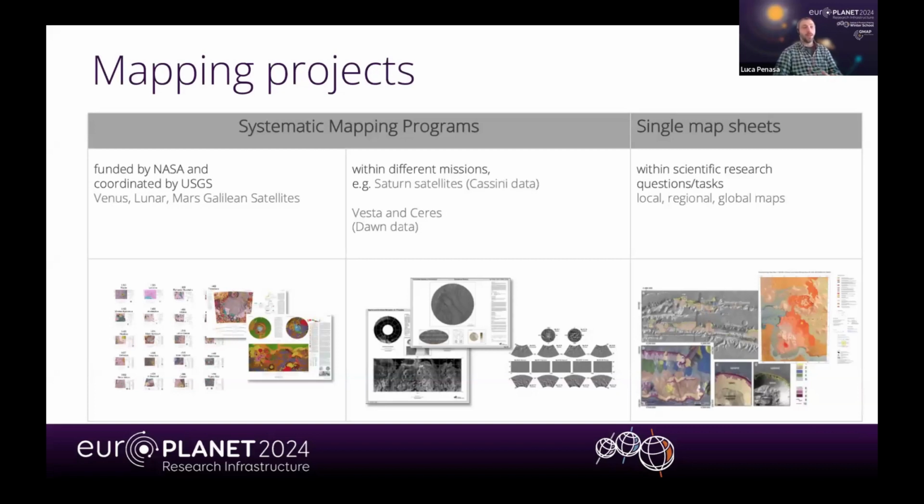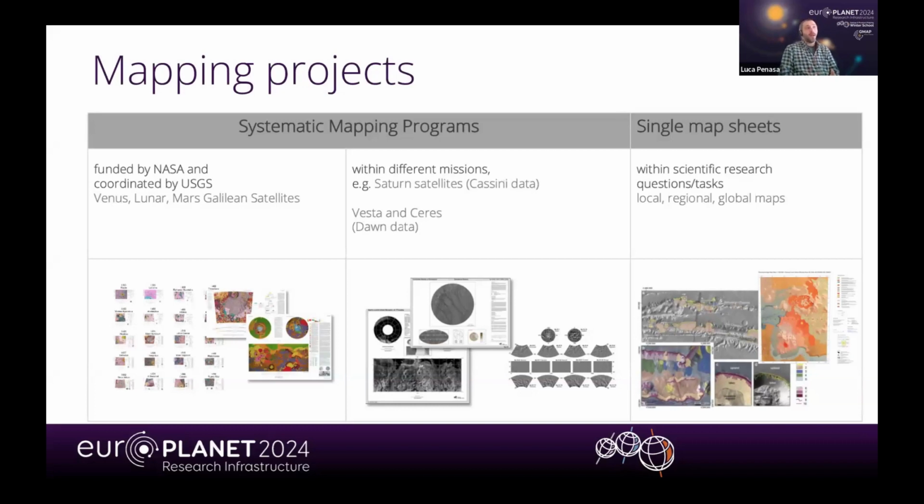You might be part of a mission, and of course, when a new mission arrives at a planetary body, they will perform the highest resolution mapping possible. Possibly they do global mapping if it's an orbiting mission. And of course, there will be an effort organized at the level of the mission to create new geological maps, in general, new maps for that planetary body.